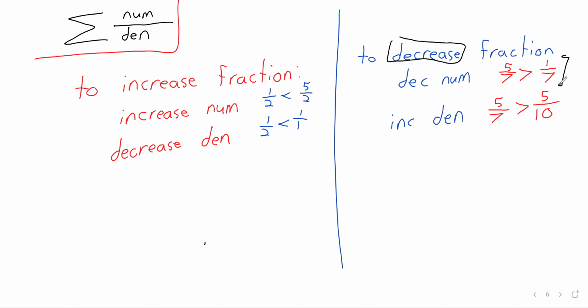Decreasing the 5 to a 2 or a 1 or whatever doesn't seem super hopeful to me.